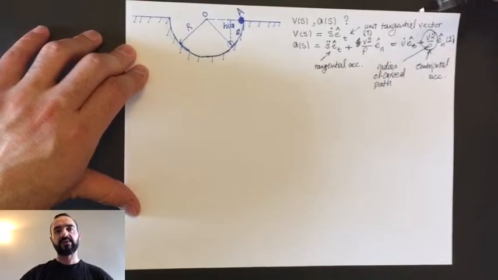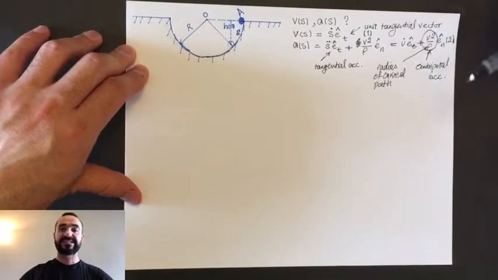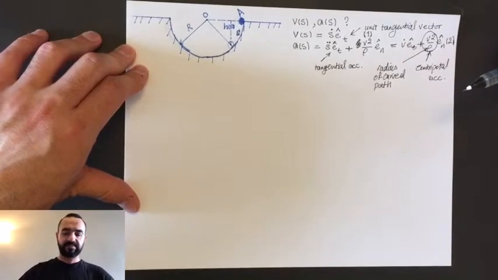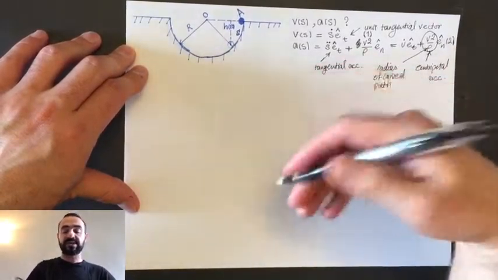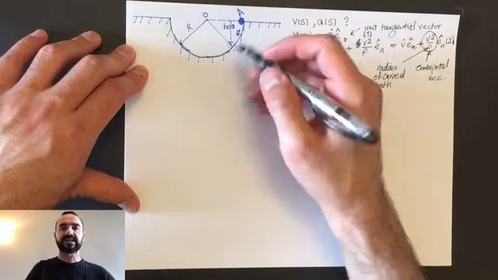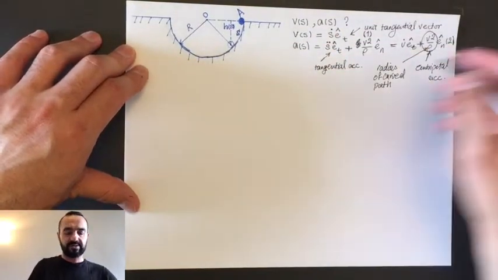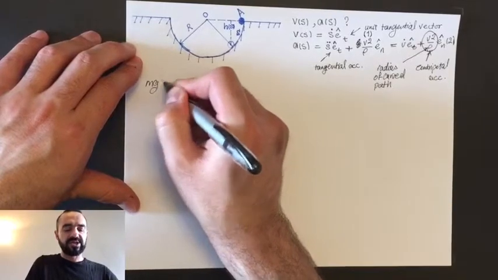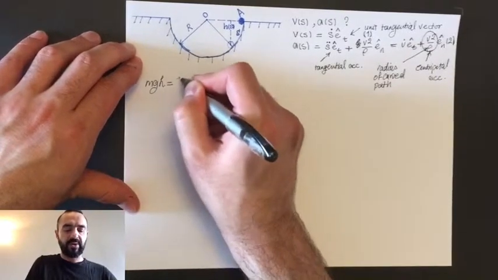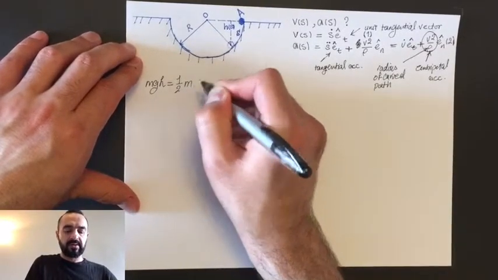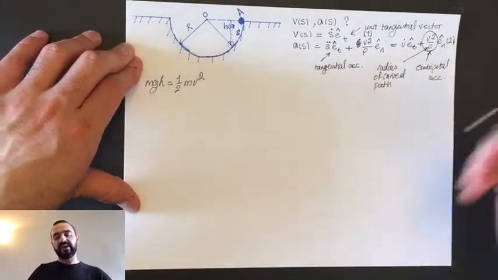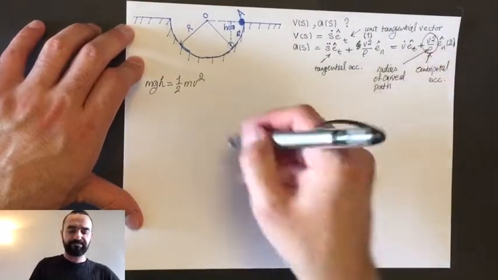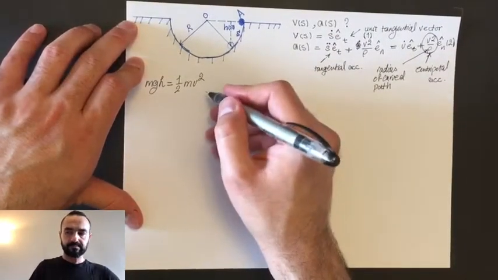And the change in gravitational potential energy is equal to the change in kinetic energy. Because initially this object is released, the initial kinetic energy is 0. So you've got mgh equal to half mv squared, and v is your final velocity or the velocity at this point. This is what we're looking for, right?